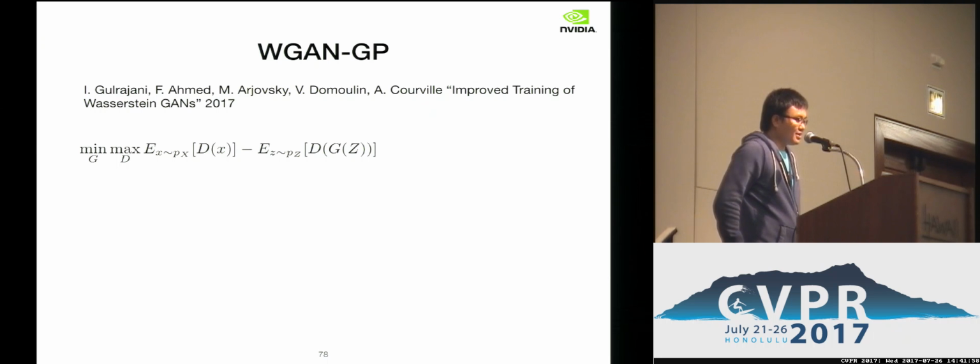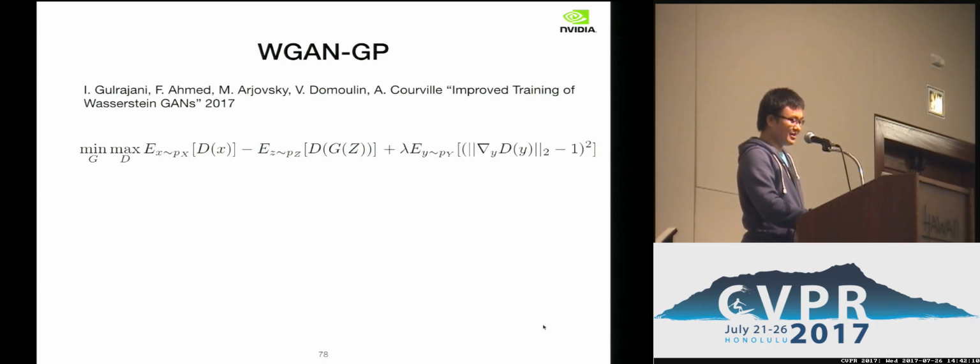So the WGAN-GP is a very recent paper. It's based on WGAN, but it proposes to add a Lipschitz term, which regularizes the gradient of the discriminator on these Y samples, where Y is an interpolation between a sample from X, which is the true images, and G, which is the synthesized image.